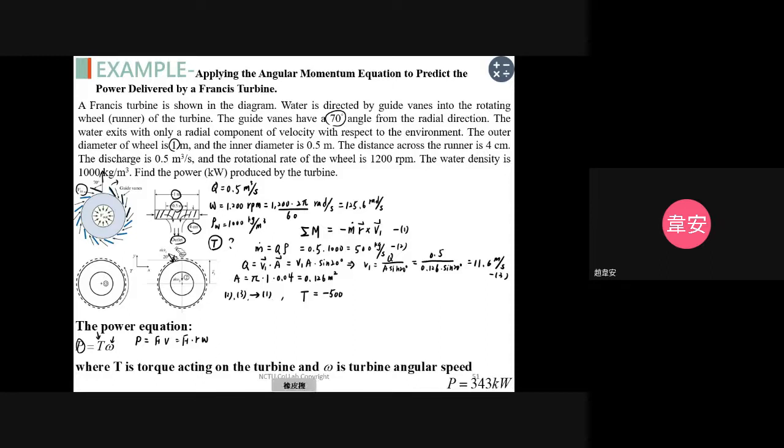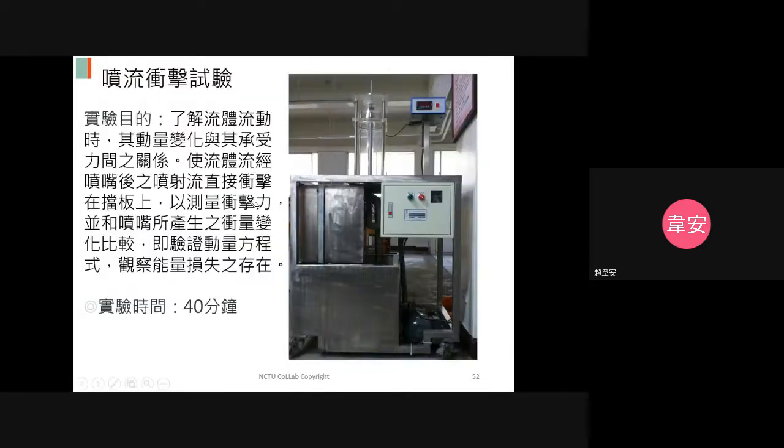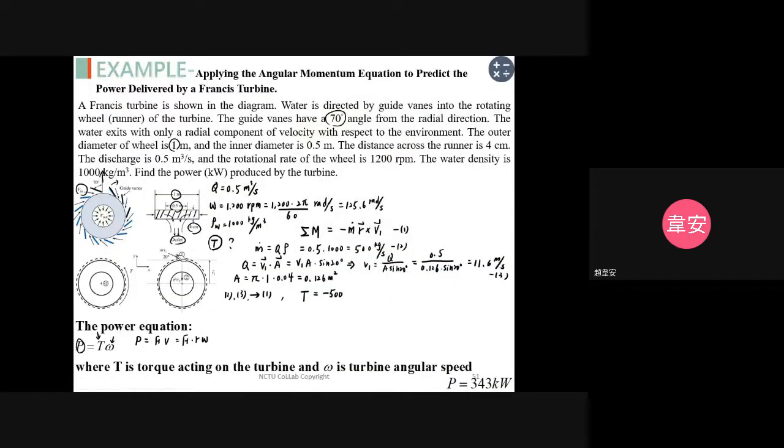Okay, so we go back to see here. This is the inner flow, so we need to project the flow in the direction perpendicular to the radial direction, and we have a force arm. The force arm is the radius of the runner.